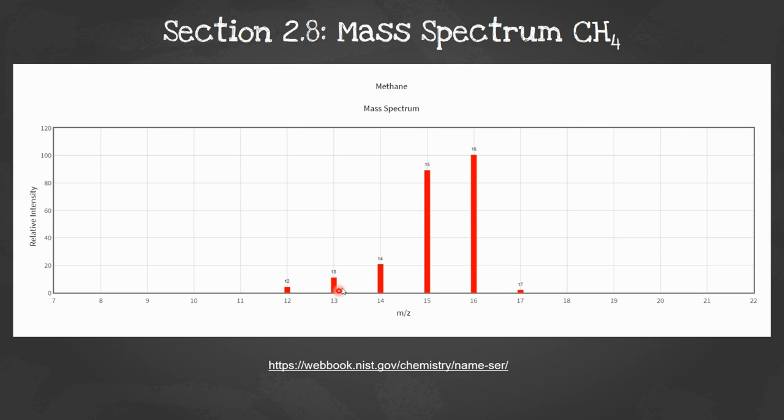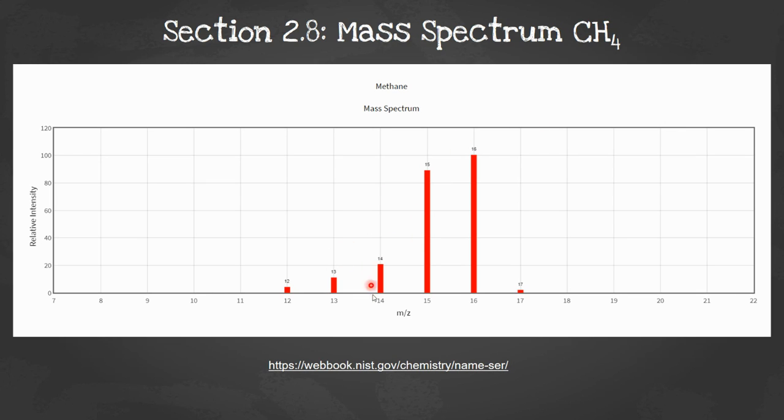What about the 13? There's actually 2 different things this could be. If you said carbon-13, you should know that the percentage of carbon-12 is about 98 or 99%, and just 1% is carbon-13. So this isn't carbon-13. This would be carbon with just 1 hydrogen bonded to it.